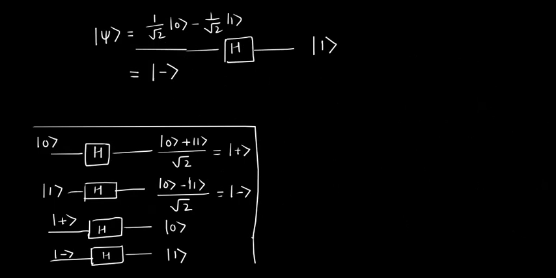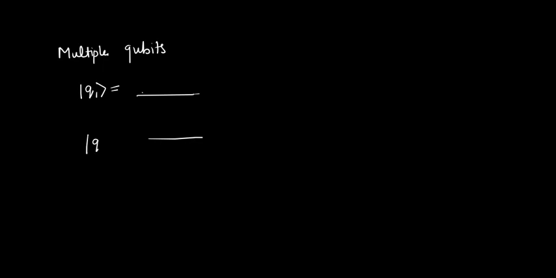Further, a few more things will be required. Multiple qubits. So when we have a system or a box which operates over 2 qubits, we have 2 qubits at our disposal, and we all know that a qubit can be in a superposition state.